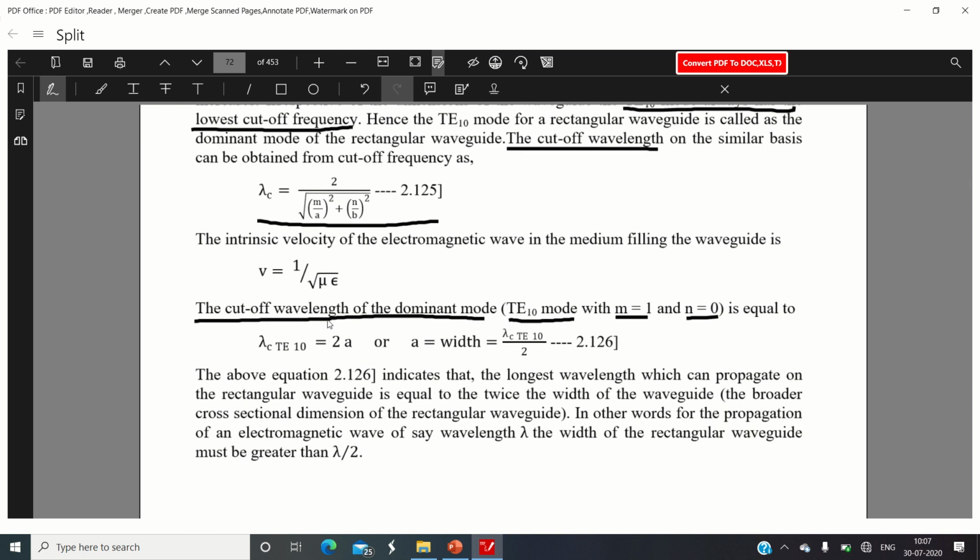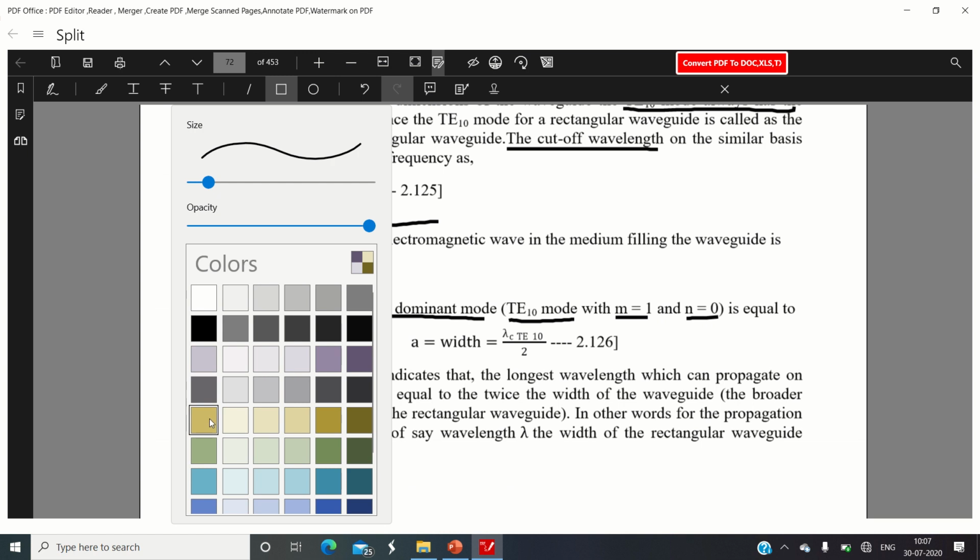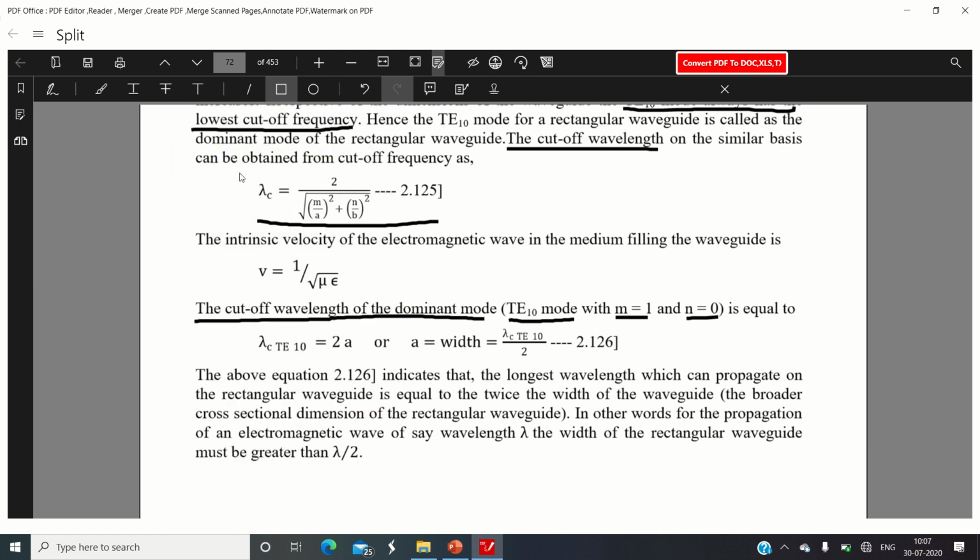So when we substitute m equal to 1 and n equal to 0 in the cutoff wavelength equation, we get the cutoff wavelength in the TE10 dominant mode, which is 2a.